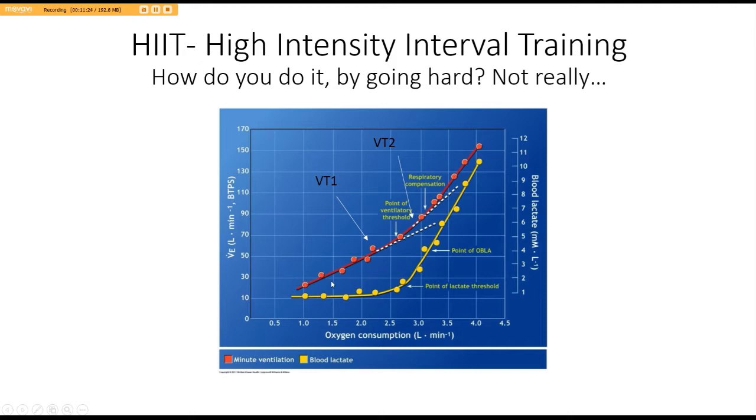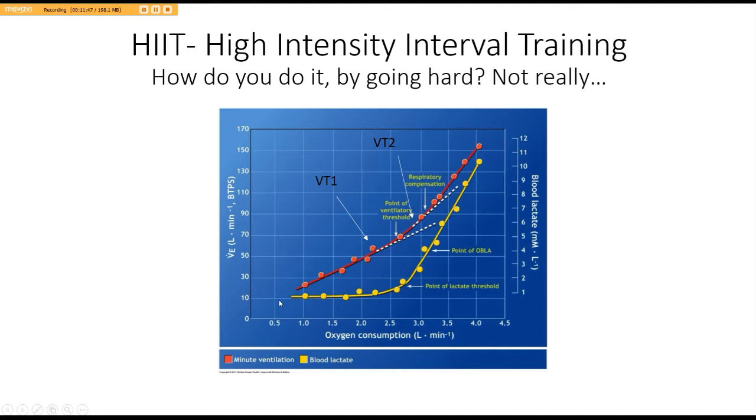Another 3 minutes passes, another 35 watts. So a linear increase in resistance. It could be the same in a running test. They start out at 10 kilometers an hour for 3 minutes, then 11 kilometers an hour for 3 minutes, 12 kilometers an hour for 3 minutes, so on and so forth. A linear increase in resistance.